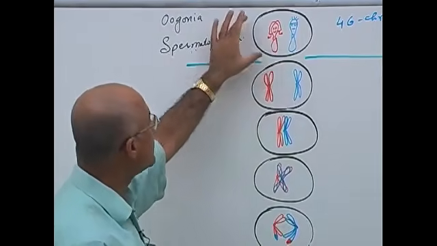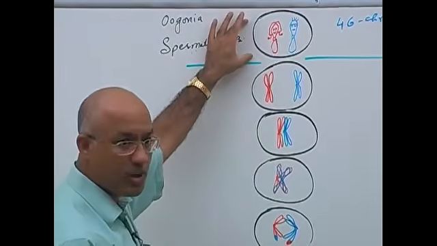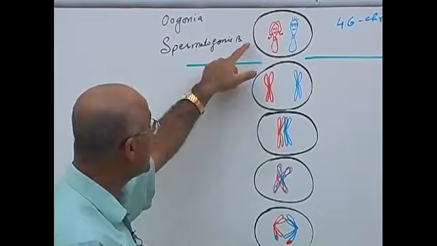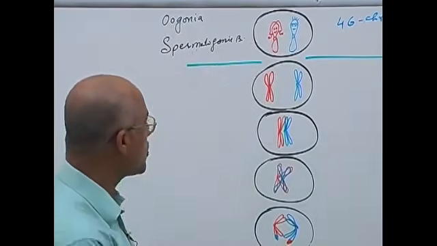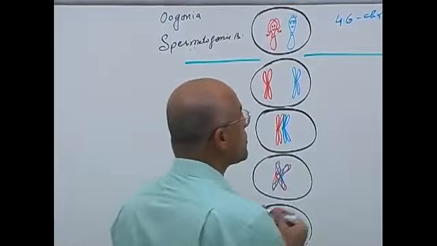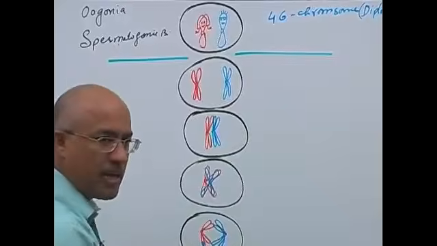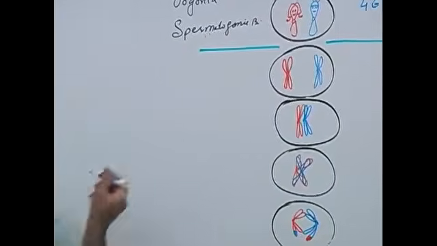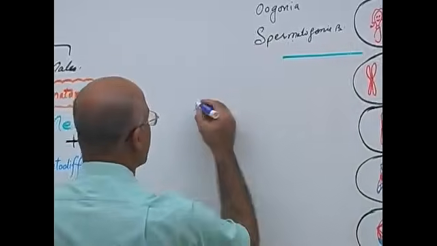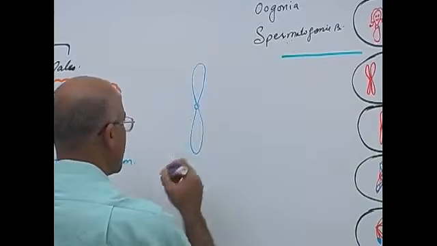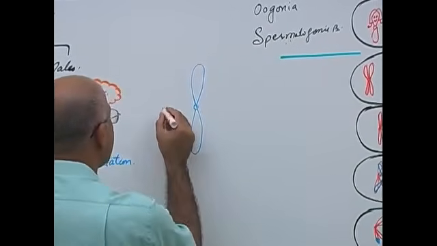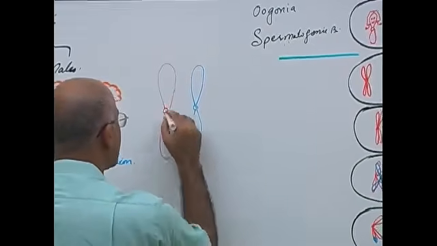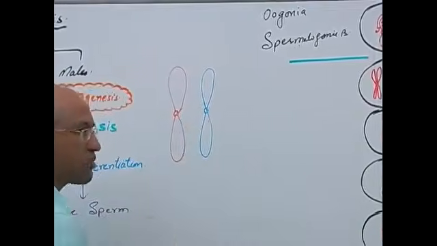Now in this early cell, spermatogonia, before it enters meiosis I, the number of chromosomes is 46 and each chromosome has a single structure. Let me explain this. Let's suppose this is a chromosome from my father and here is a chromosome from my mother. Let's suppose these chromosomes are homologous to each other.